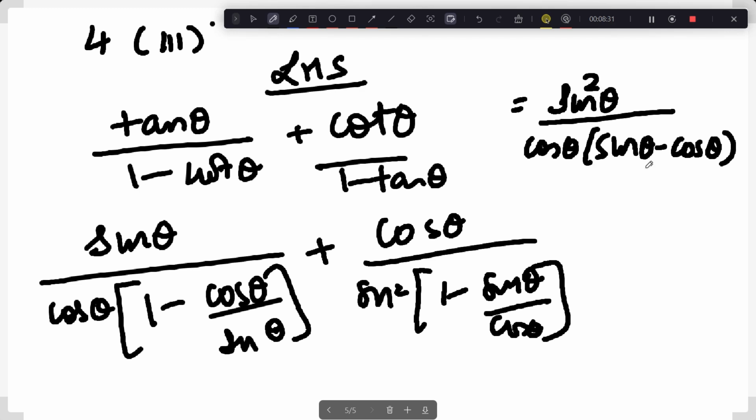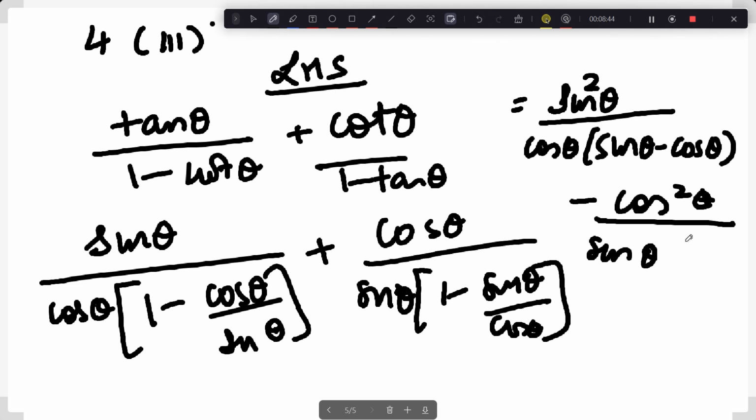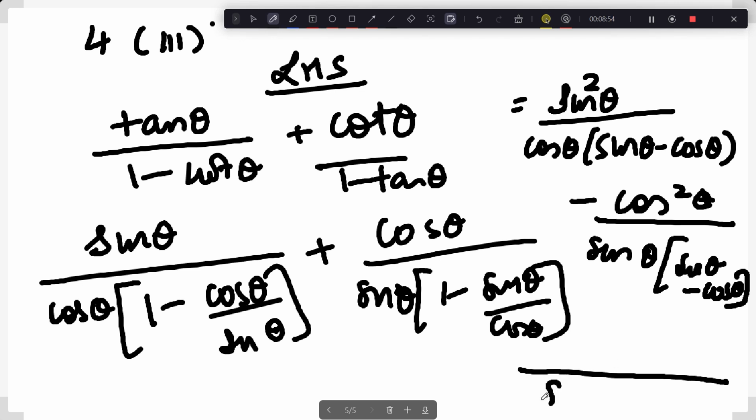this sign goes up here. See what I'm trying to do, you will make sense. Okay, because I have to carry this minus so that the denominators become equal.